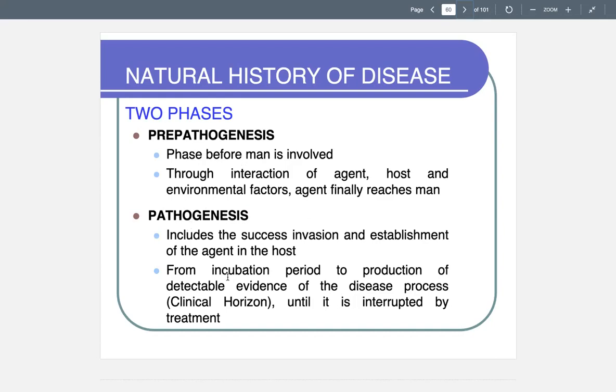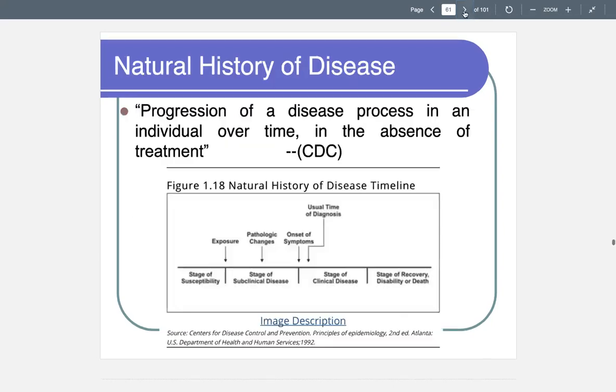Pag pathogenesis, ibig sabihin, nakapasok na si pathogen sa loob ng katawan ng susceptible host at pag na-establish na, nakapag-multiply na siya doon sa loob ng katawan, saka mag-cause ng illness. Okay, pathogenesis: progression of a disease process in an individual over time in the absence of treatment.